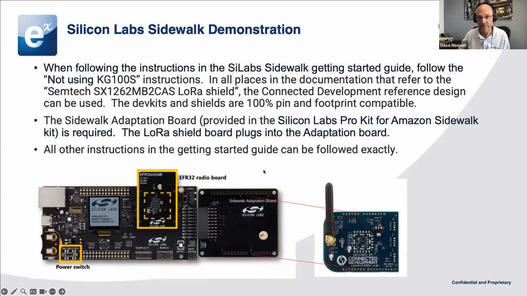And then if you go into the software instructions and how all that works, you can follow the instructions exactly as they're laid out in the Silicon Labs instruction tutorial, and just put our shield instead of the legacy Semtech shield. Everything works exactly the same way. So a nice, easy, very cool way to get up and going with Sidewalk.